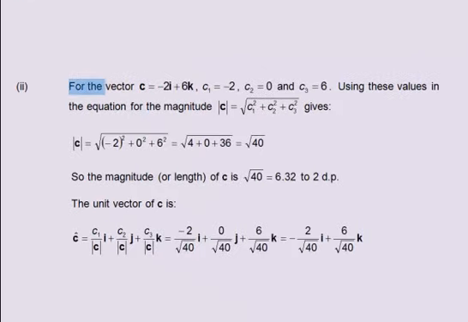2. For the vector c equals minus 2i plus 6k, c1 equals minus 2, c2 equals 0, and c3 equals 6.